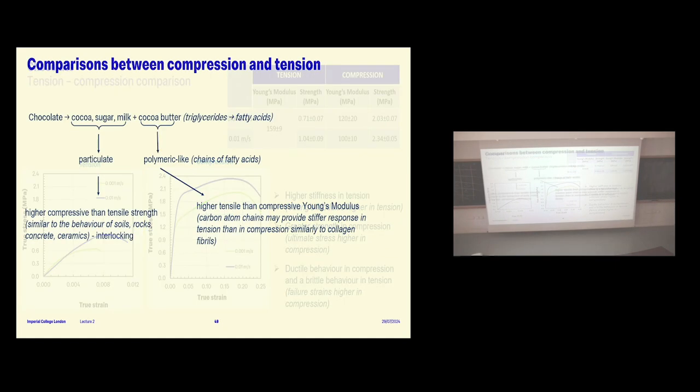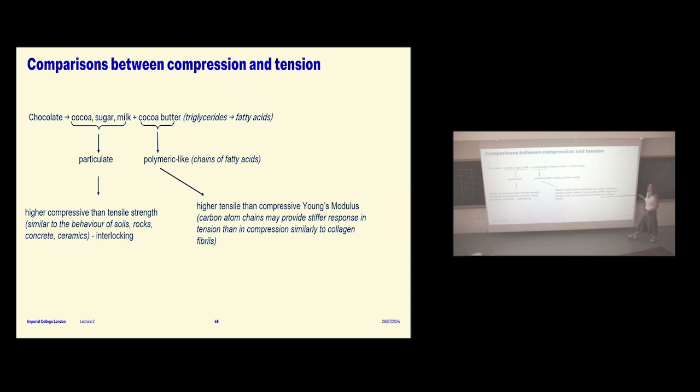And we think the reason this is happening, again, you have to look at what chocolate is made from. It's cocoa, sugar, milk, all of these are particles, the particulate phase in the cocoa butter. And we think that this particulate phase is what soil mechanicians already studied very well: because of the granular behavior, you get higher compressive than tensile strength, because when you push these little bits together, they will be strong, but if you try and pull them apart, they'll all break apart.